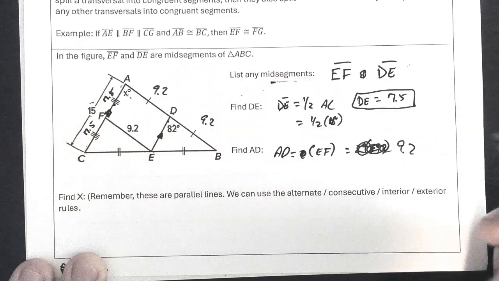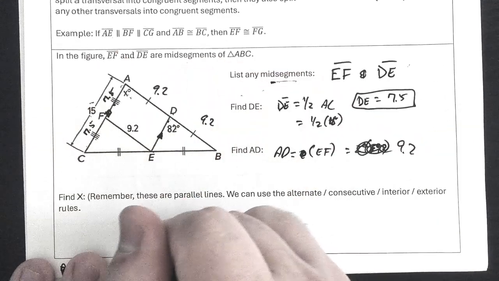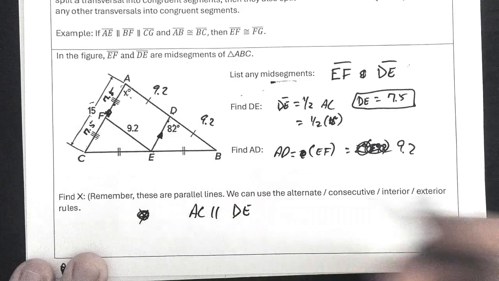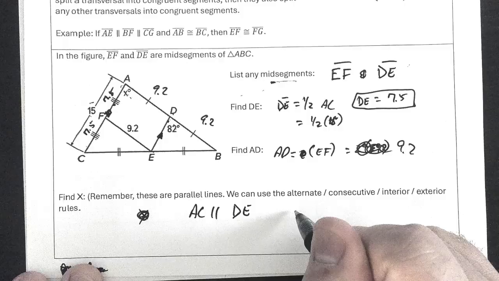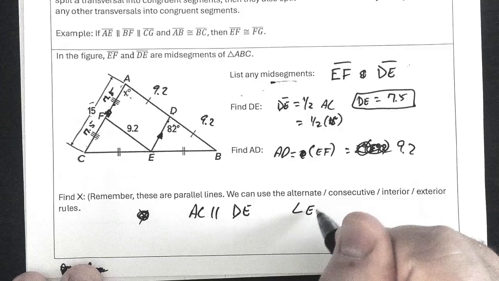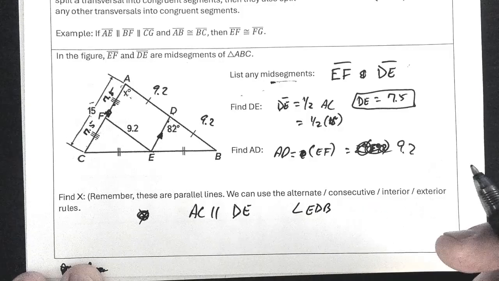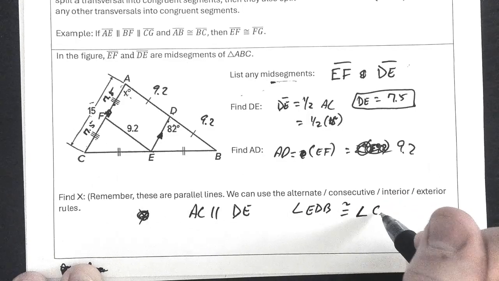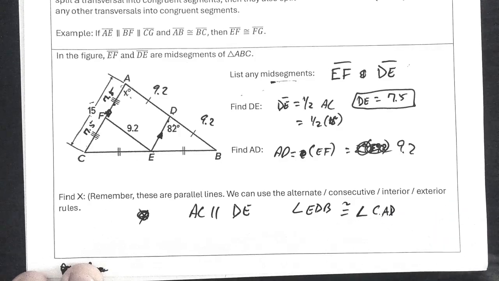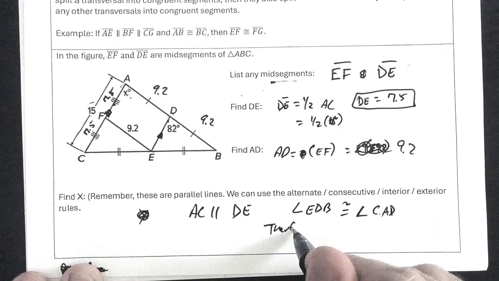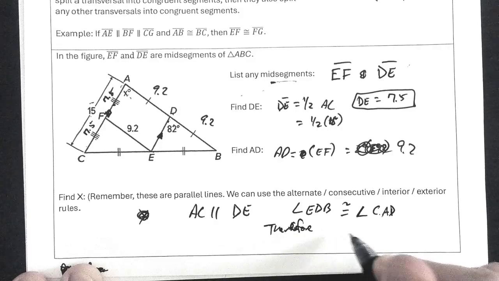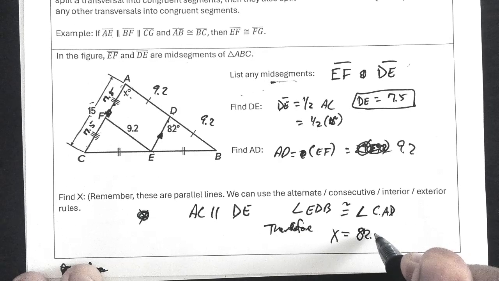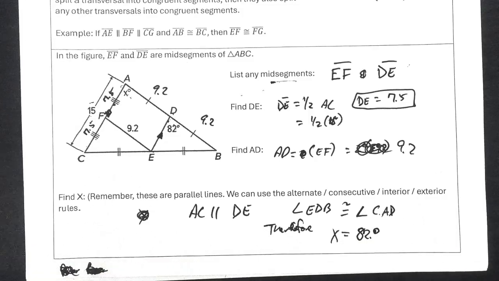So hold on, because AC and DE are parallel, angle EDB is congruent to angle CAD. Therefore, X equals 82 degrees.